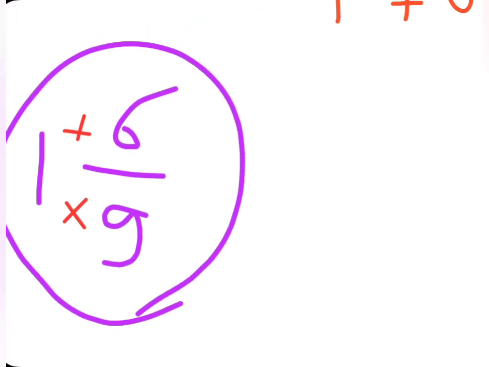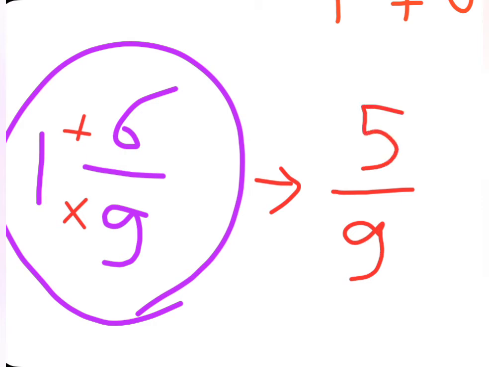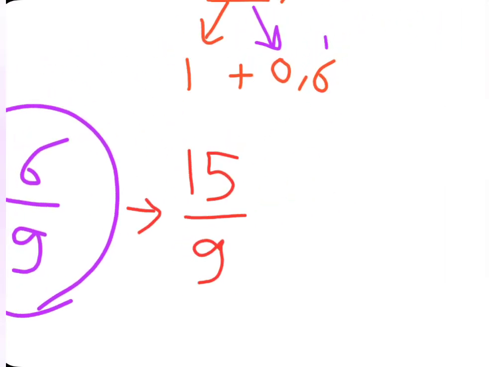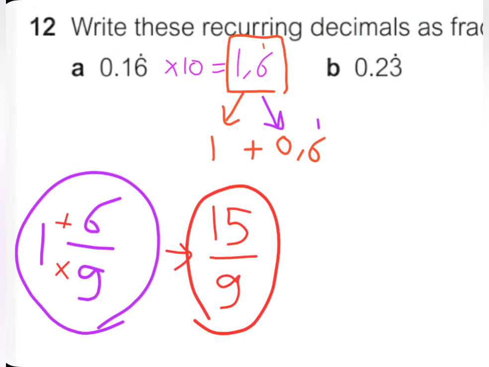So 9 times 1 is 9, and then plus 6 equals 15. So 15 over 9 is the improper fraction of 1.6 recurring.